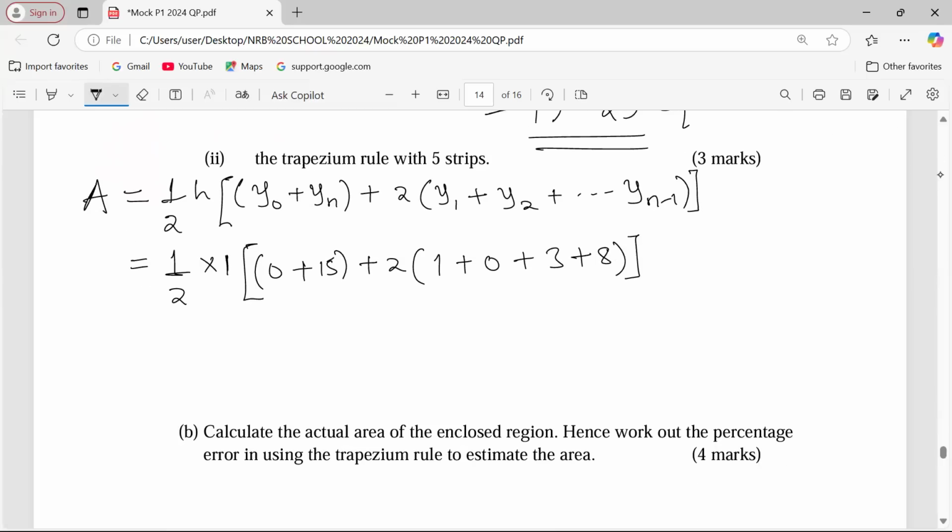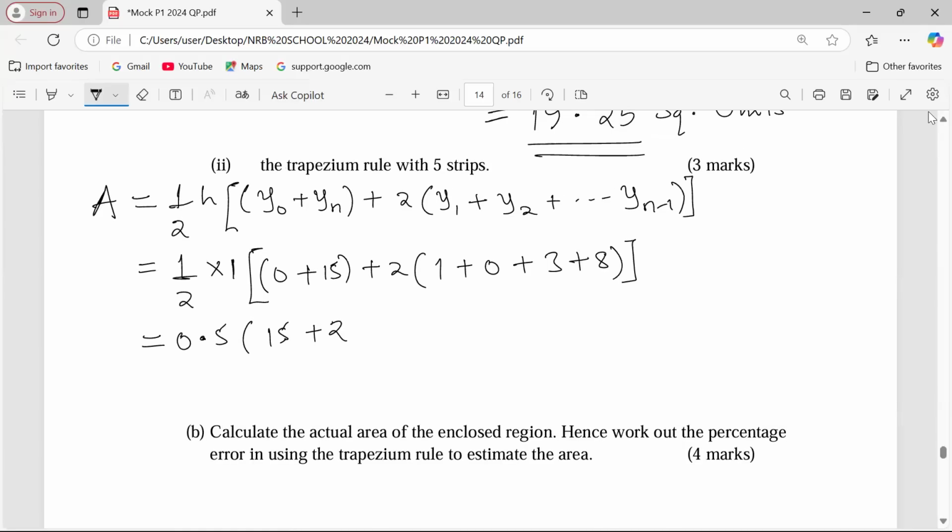That way. So this is 0.5 into 15 plus 2 times 1 plus 3 plus 8. That gives us 12 times 2, that gives us 24. Then now, final answer shall be, when we add 15 to 24, then we multiply by half. We are getting 19.5.